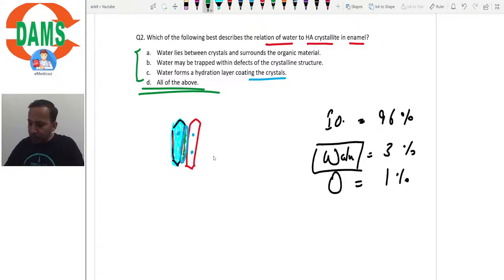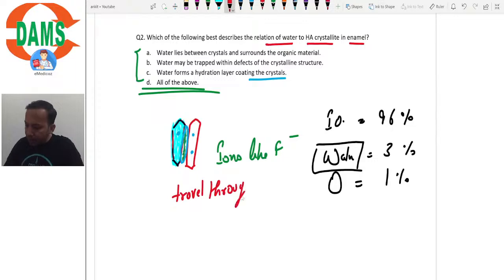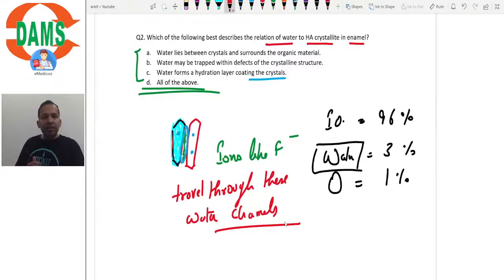Ions like fluoride travel through these water channels.